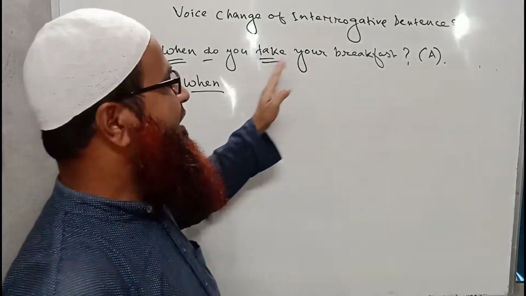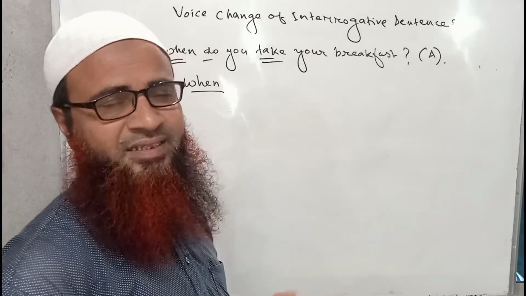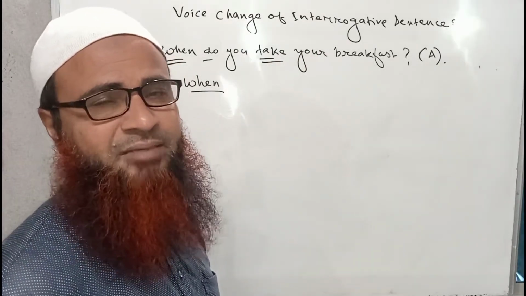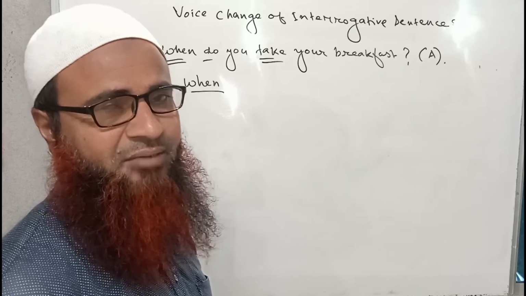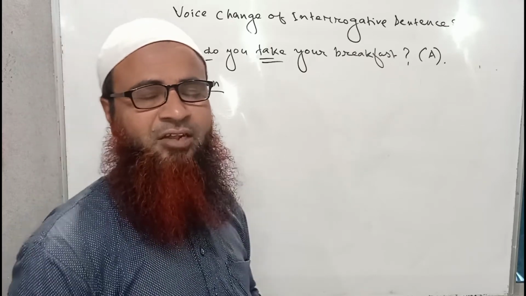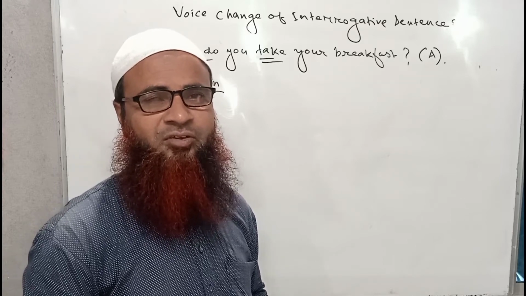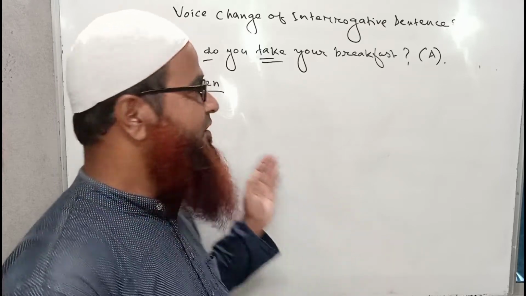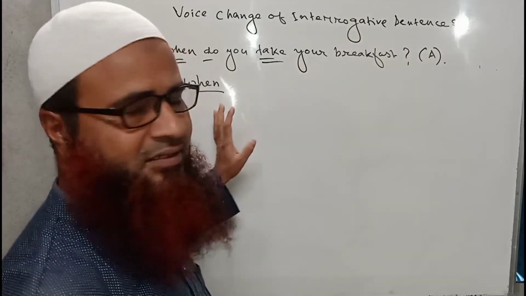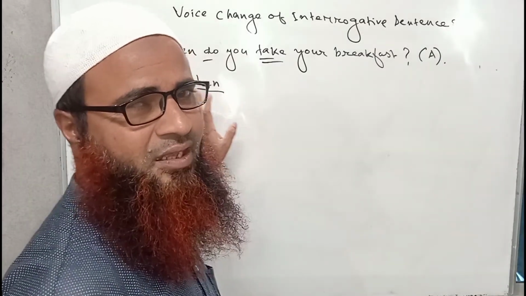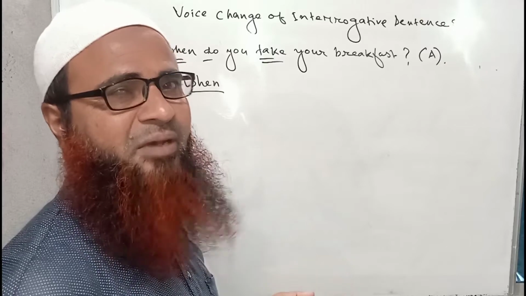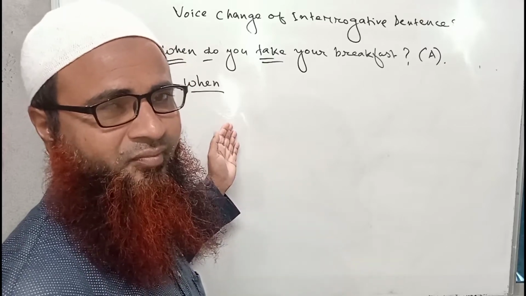Now we have to find out the object, and this is the common rule of passive voice. In every sentence we have to find out the object, and after finding it out we have to make it the subject.